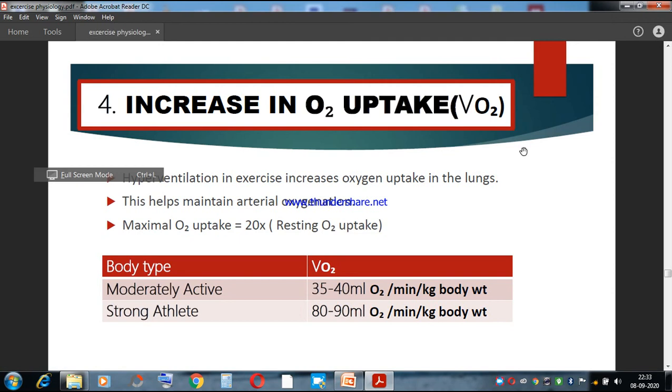So if there is a moderate type of activity, the oxygen uptake is 35 to 40 ml of oxygen per minute per kg body weight, while a strong athlete can take up to 80 to 90 ml of oxygen per minute per kg body weight. So you can see how a moderately active person and a strong athlete can increase their uptake of oxygen from the environment.